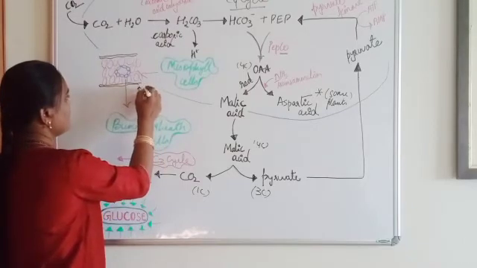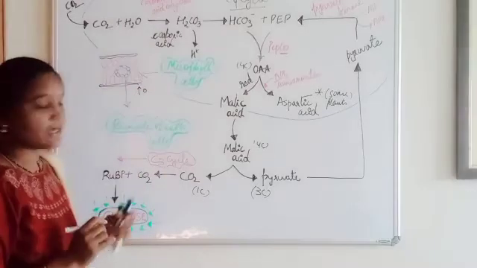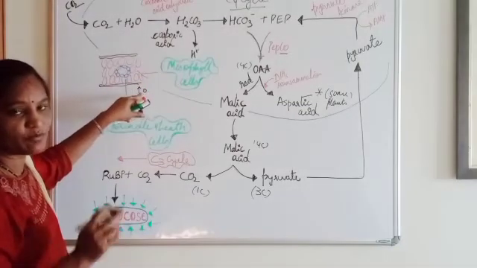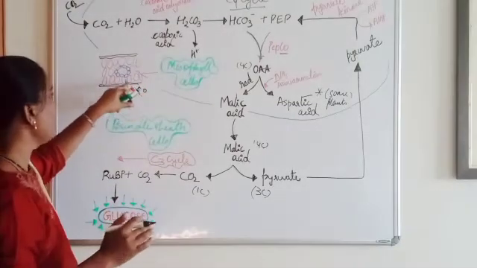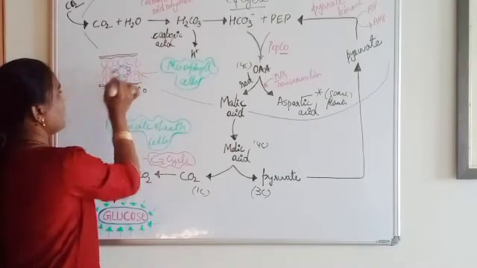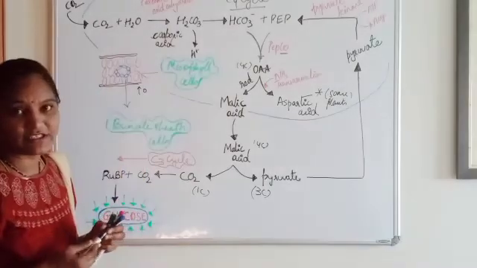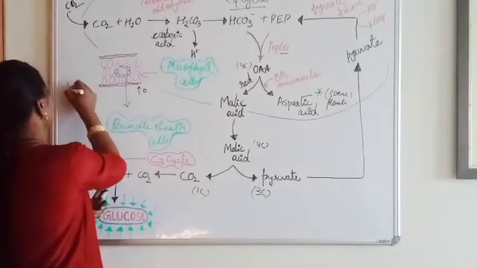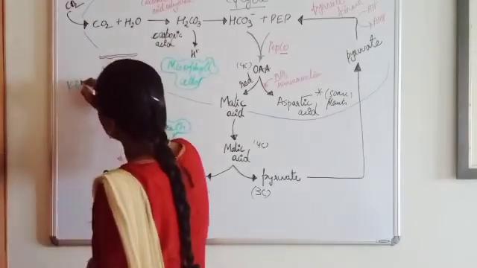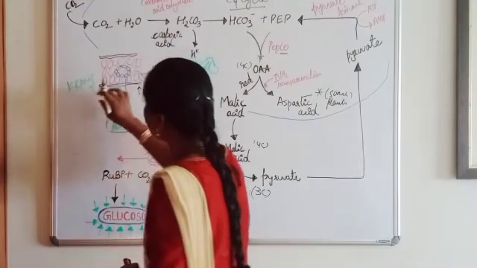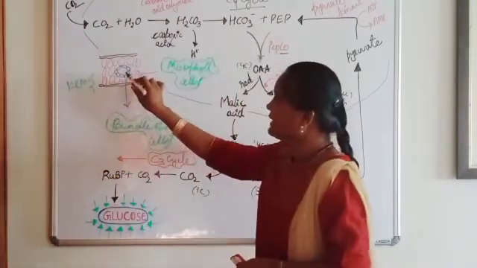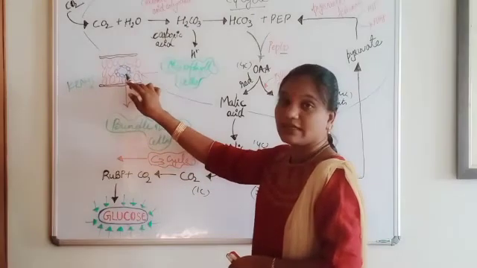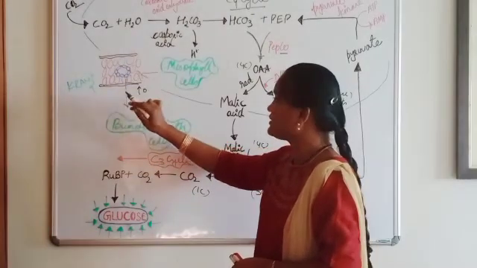Oxygen may interact with your mesophyll cells, as they are closer to the atmosphere, on the outer side of the leaf, but this oxygen cannot enter into your bundle sheath cells due to the Kranz anatomy, the wreath-like, garland-like structure. Oxygen cannot easily enter into the bundle sheath cells.